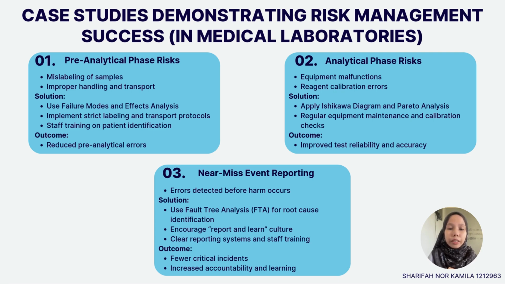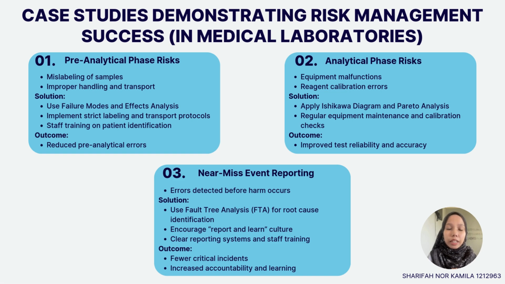The team evaluated the severity and detectability of potential errors. For example, they implemented strict specimen labeling guidelines, improved transport monitoring systems, and trained staff in patient identification protocols. These actions significantly reduce errors and ensure reliable test results.